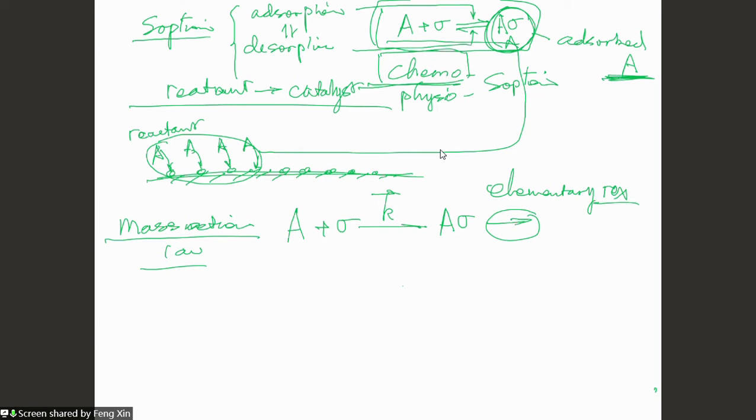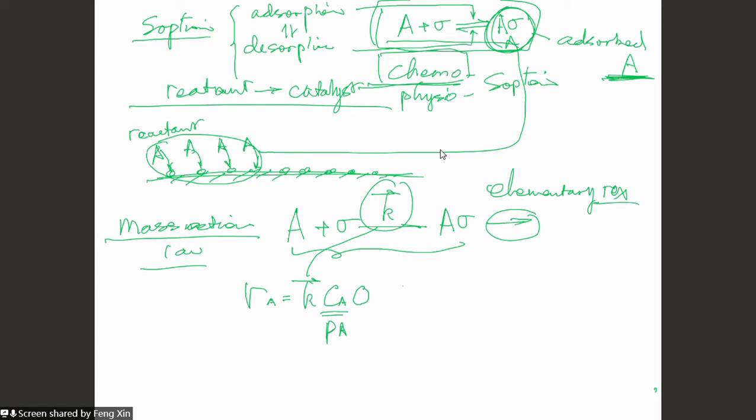The mass action law tells you how to write the reaction rate for this elementary reaction. Ra equals k, the rate constant, multiplied by the concentration of each and every species. For A, you can use Ca or Pa to express the concentration.